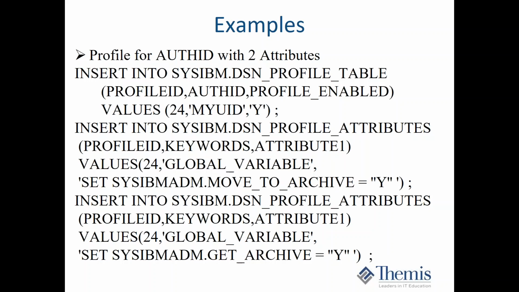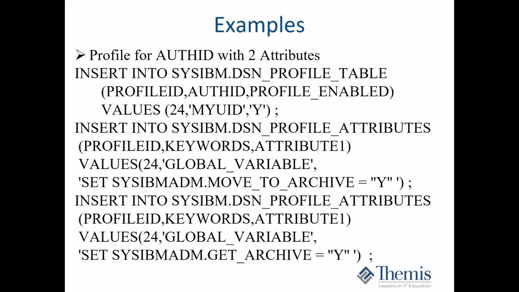So if they come in a distributed thread under my user ID, that auth ID, I have a profile called 24. It is enabled. I will start it. I insert into the attribute table, move to archive, yes. I would have preferred E. And I also put in there, I realized that after the fact, but I'd put the example in here.